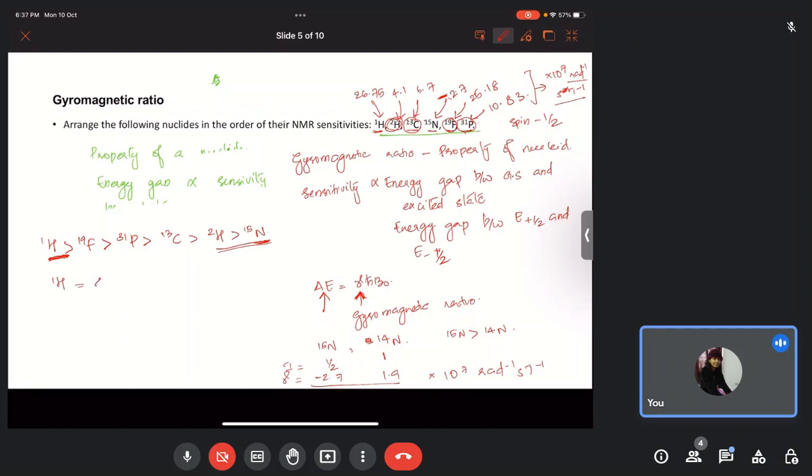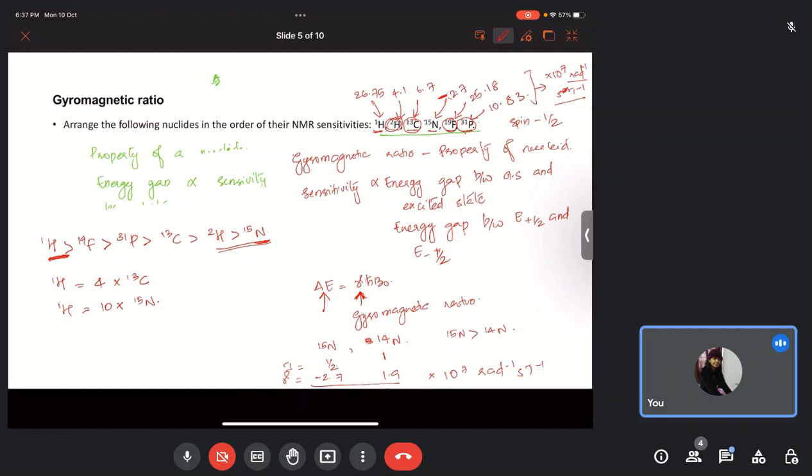Proton has 4 times the sensitivity of 13C, whereas proton will have around 10 times the sensitivity of 15N. I'm just giving intuition of how sensitive different nuclei are.